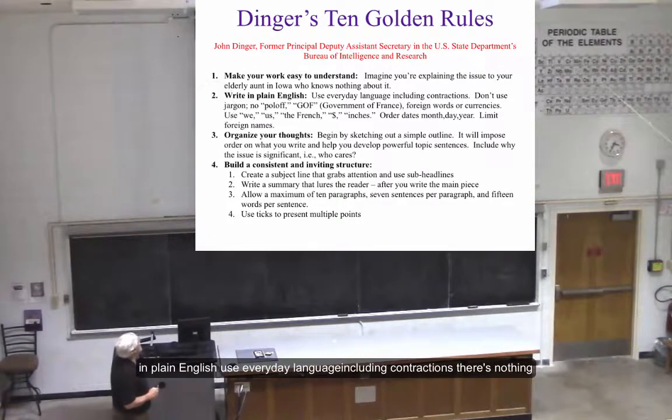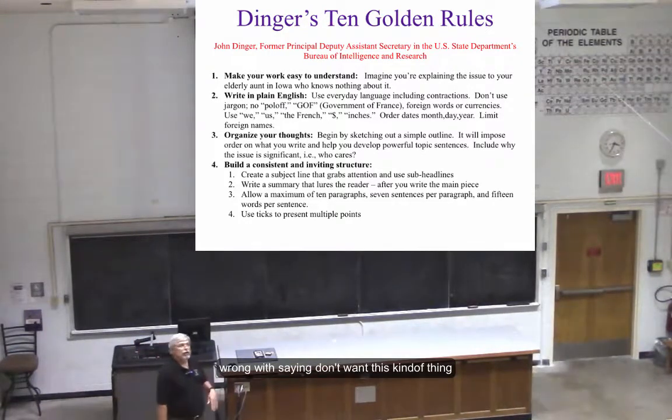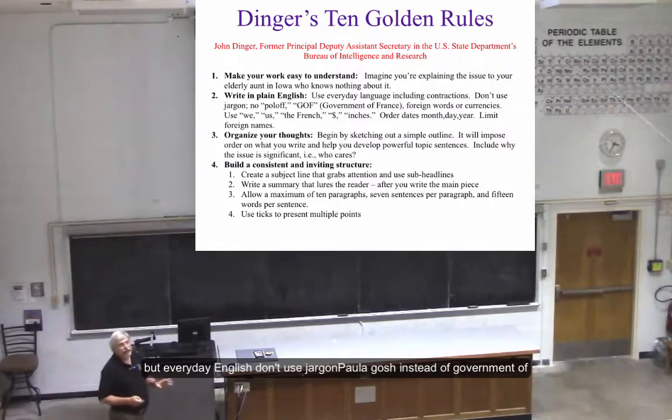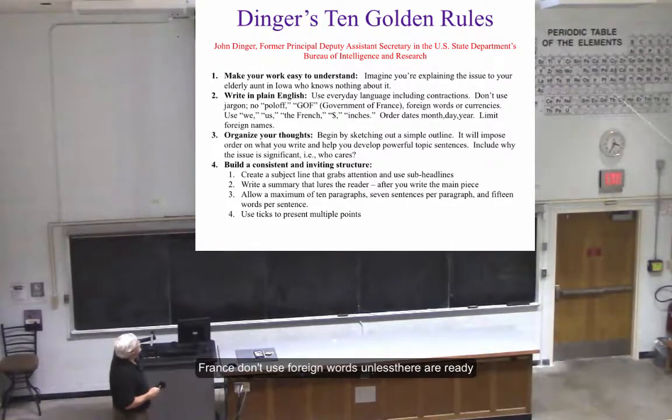Write it in plain English. Use everyday language, including contractions. There's nothing wrong with saying don't, won't, this kind of thing, all right? Contractions are perfectly okay. We're talking everyday English. Not slang, but everyday English. Don't use jargon, like GOF instead of Government of France.